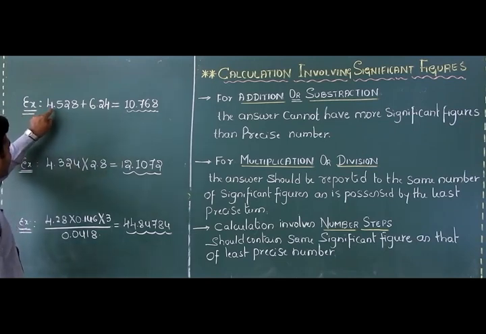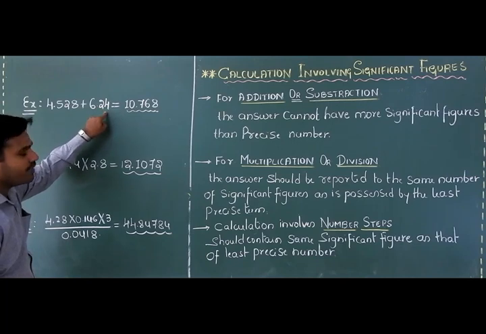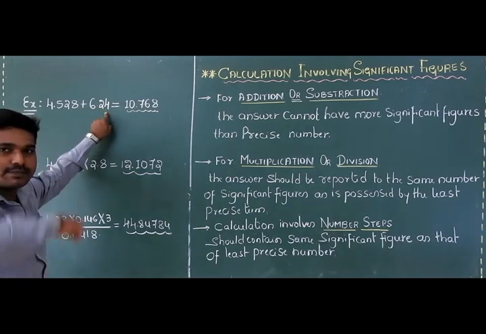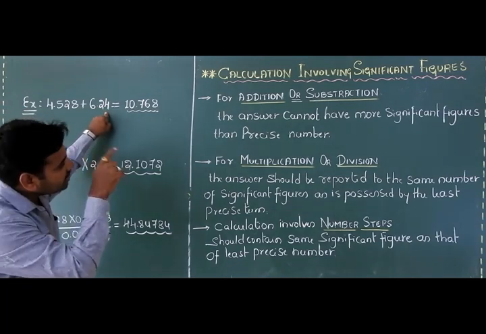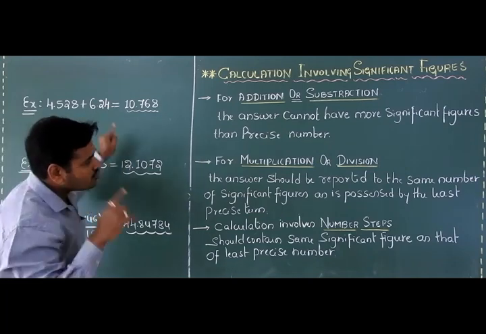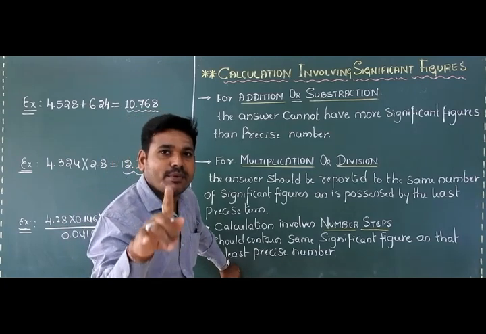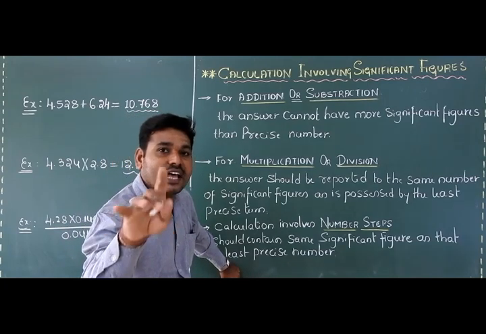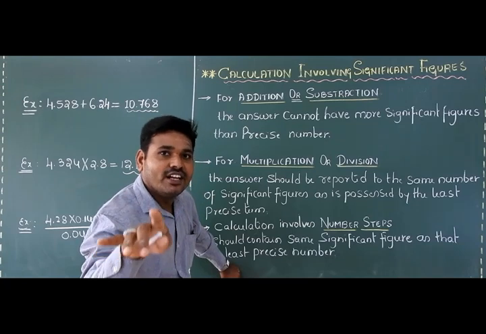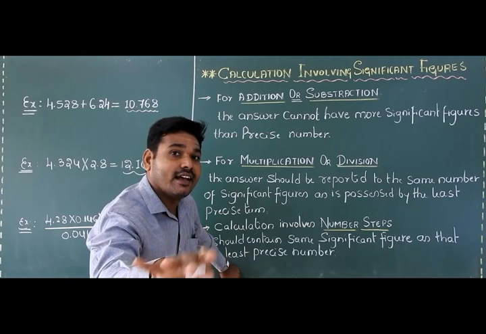In this number after the decimal point there are 3 decimal places, whereas in the second term after the decimal point how many decimal places, students? 2 decimal places. Especially in addition as well as subtraction, the answer should always be reported with the same number of decimal places as that of the term with the least decimal places.